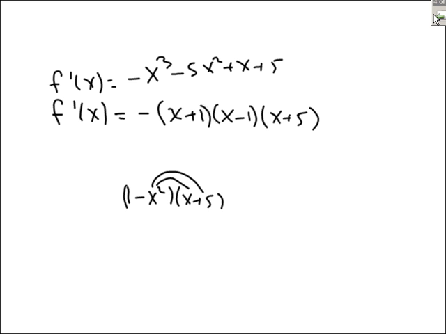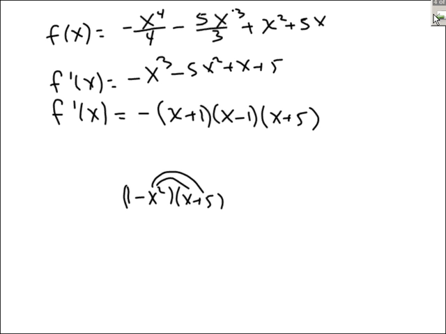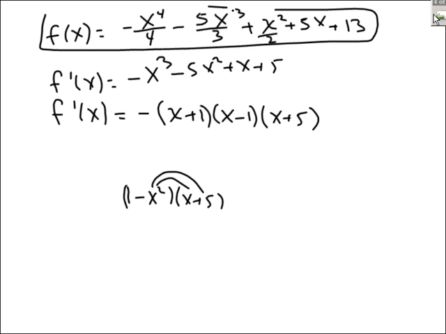Okay, so for the record, the original function was negative x to the 4th over 4 minus 5x to the 3 over 3 plus x squared over 2 plus 5x plus 13. So this is what you would be given. I took the derivative and then I factored it. You have to practice your factoring.